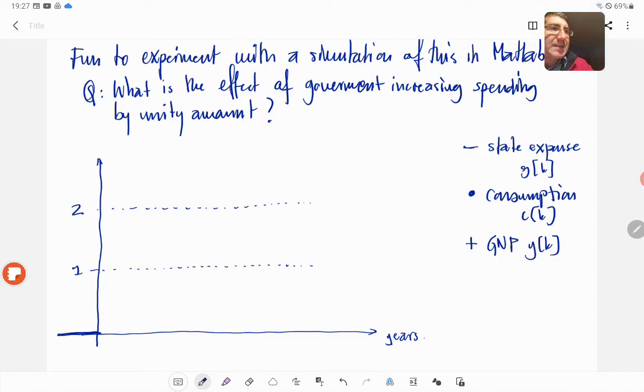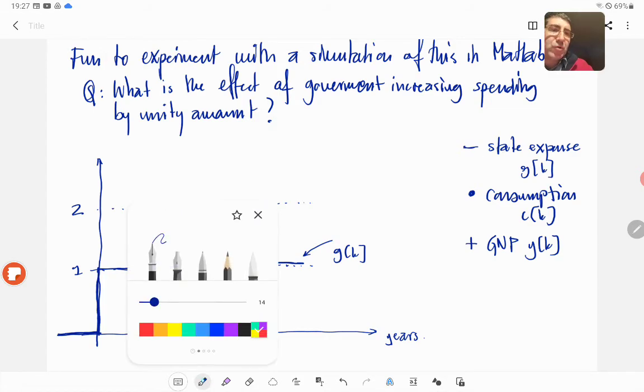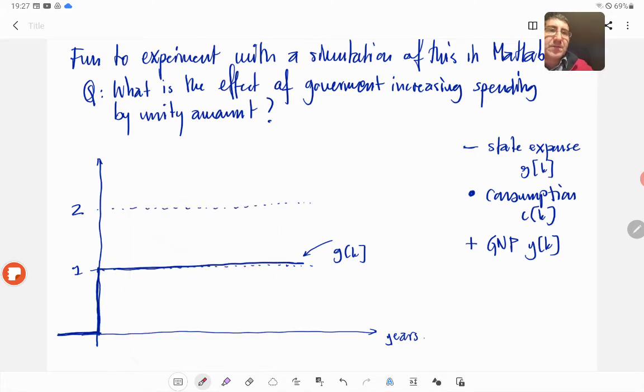We are saying that the state expenditures are undergoing a unit step increase. So this is our g of k. In fact, it's not continuous, right? But I'm indicating it as a line to be able to discriminate other variables. So this is year 1, this is year 2, year 3, year 4, etc.